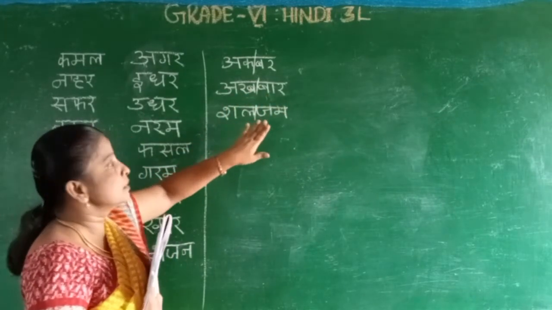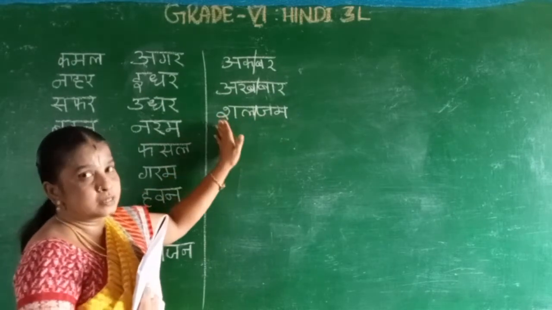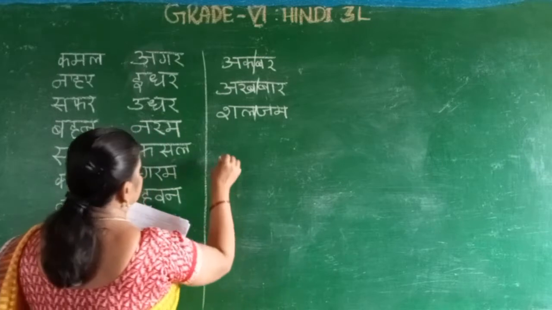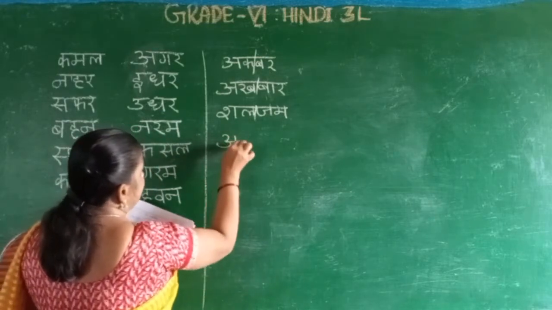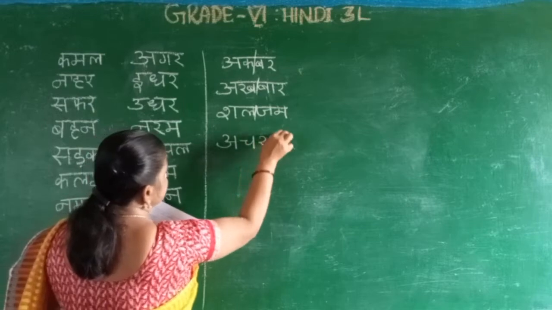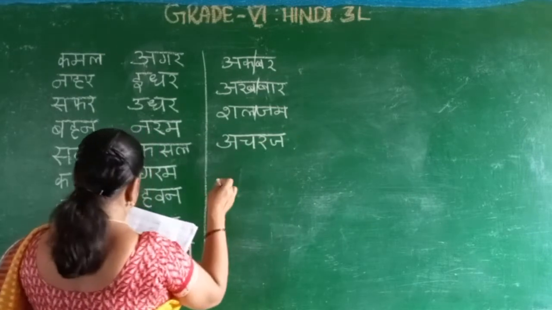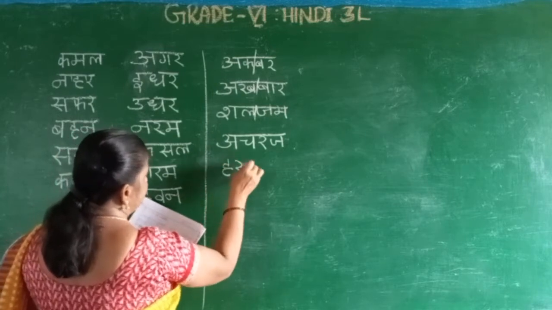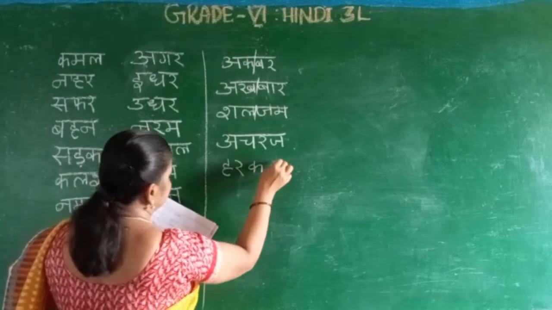Sal, jam, sal, jam. Next. Cha, ach, ra, ja, achraj. Ha, ra, ka, ta.